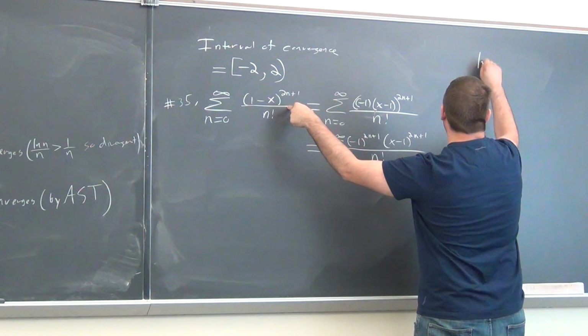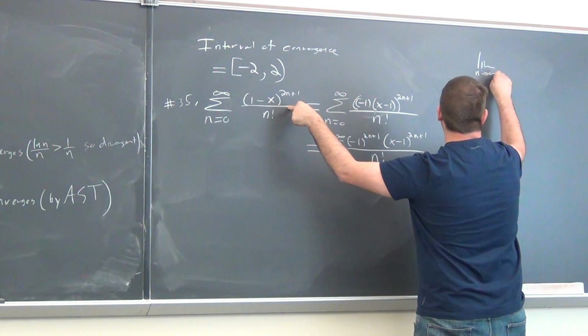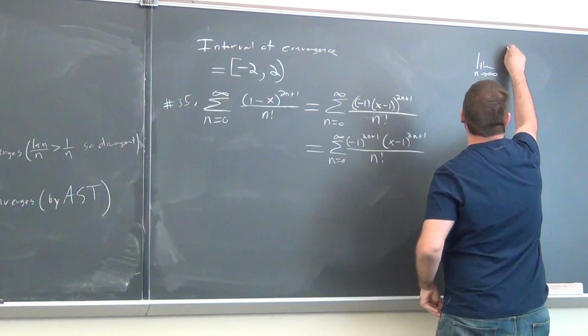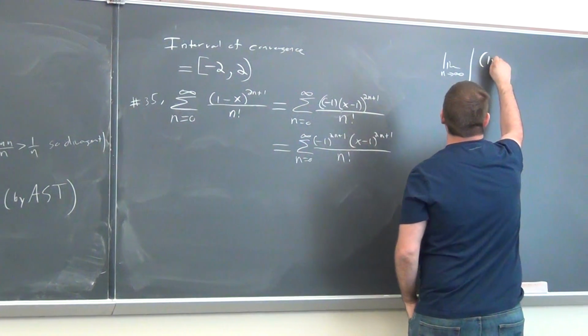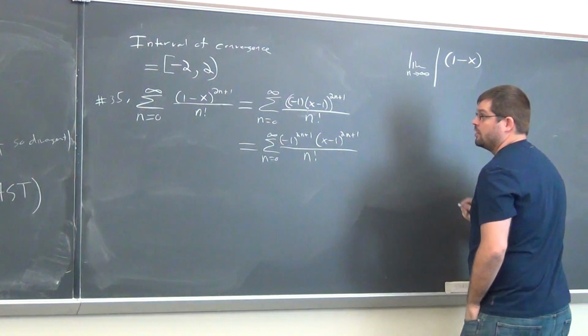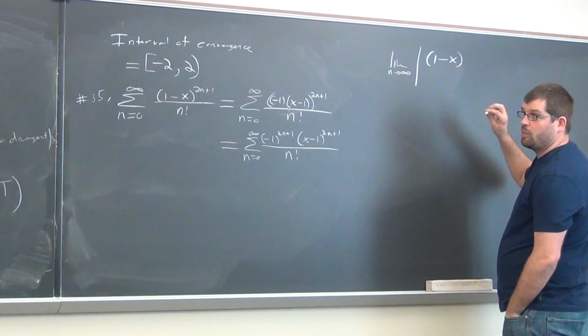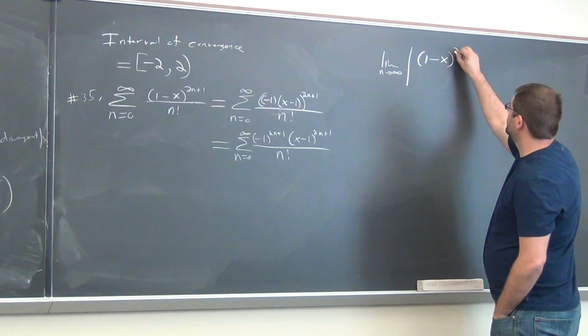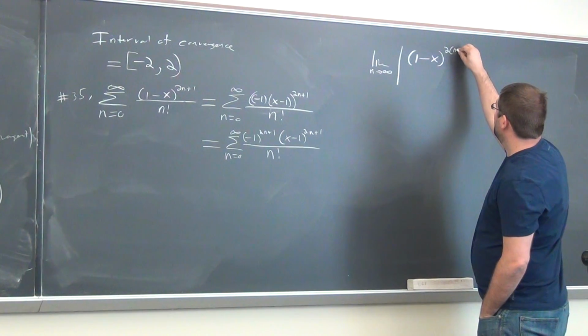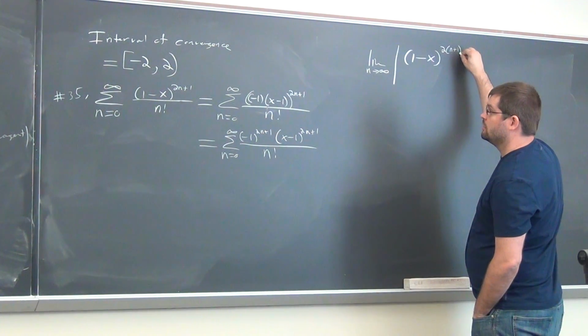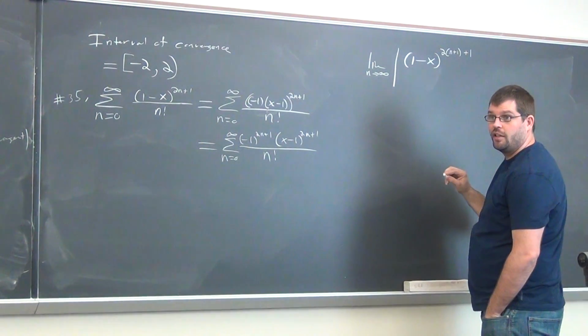And let's apply our ratio test. So you take the limit as n goes to infinity, absolute value of (1 minus x) to the, well, let's be careful here, what power? 2 times (n plus 1) plus 1, right?